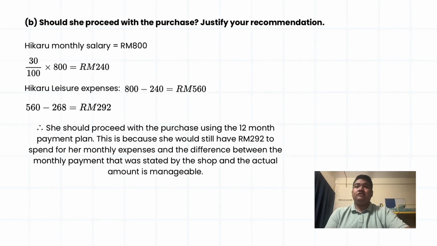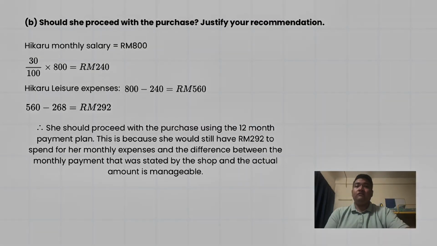After doing our calculation, we know Hikaru's leisure expenses for each month is 560 ringgit. Therefore, she should proceed with the purchase using the 12-month payment plan. This is because she would still have 292 ringgit to spend for her monthly expenses, and the difference between the monthly payment stated by the shop and the actual amount is manageable.